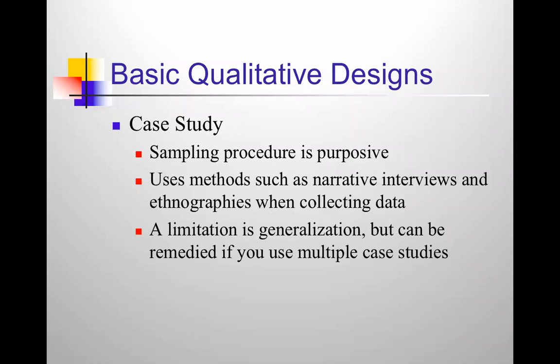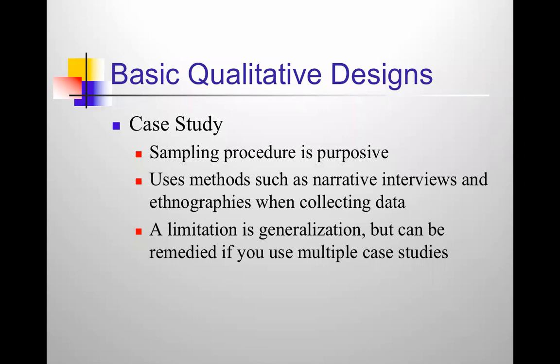The sampling procedure is going to be very purposeful because you're going to be seeking somebody or a group or an institution out very specifically. Methods such as narrative interviews and ethnographies are used when collecting data, so through observation and also a lot of discussion.